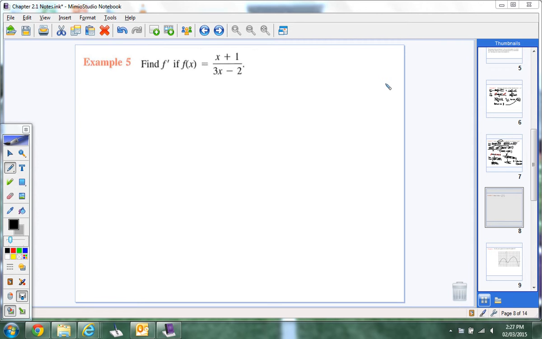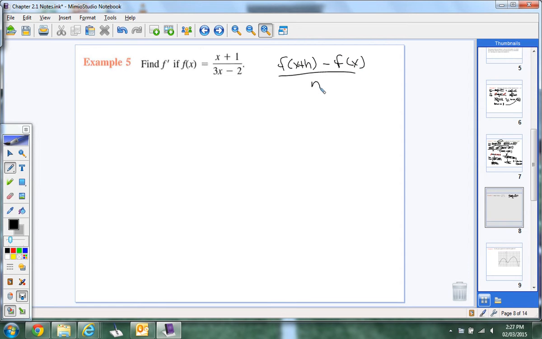All right, so we're going to go, still going to do f of x plus h minus f of x all over h still. So it's going to look like, the first one, I got to put the x plus h into 2 spots.